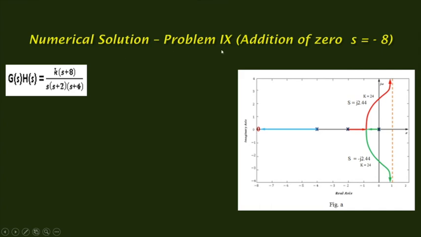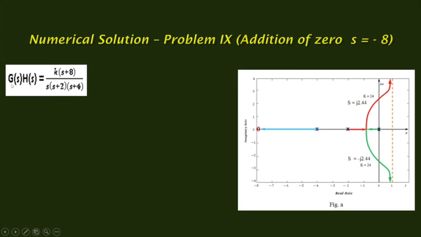Numerical solution problem 9. Addition of a zero at -8. That means if a zero is added far away from the origin, then there is a slight change in the root locus.